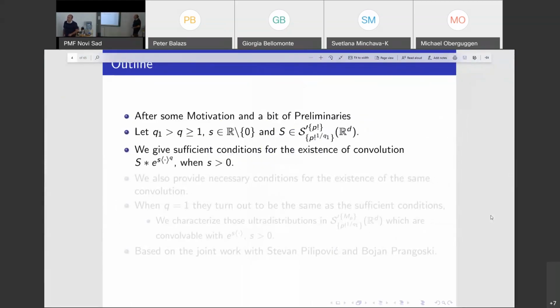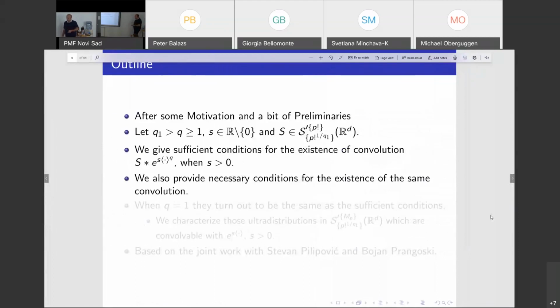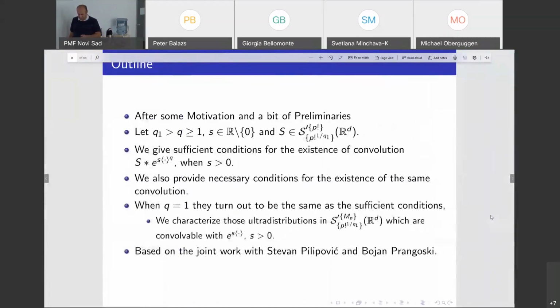We want to convolve S with this kernel, and we also provide a necessary and sufficient condition. However, when Q is equal to 1, they turn out to be the same, so both sufficient and necessary, and therefore we were able to characterize those distributions that are convolvable. It is based on joint work with Professor Vučković and Professor Prangoski, and it is the topic of the article we submitted recently.